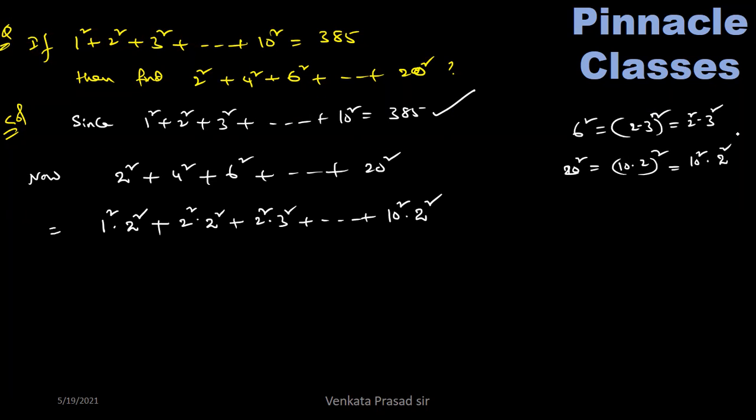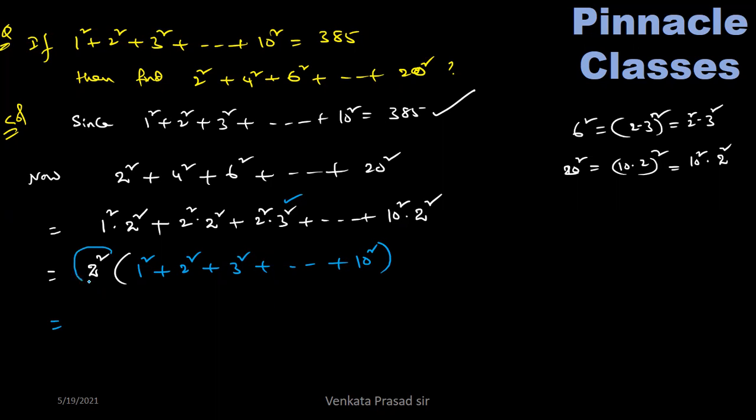This can be written like this. What you are observing from each and every term, one number is common. What is that? Anyone? 2^2, sir. Yes, 2^2. Fantastic. Taking 2^2 as a common factor, what are the remaining values? 1^2 plus 2^2 plus 3^2 and so on up to 10^2.